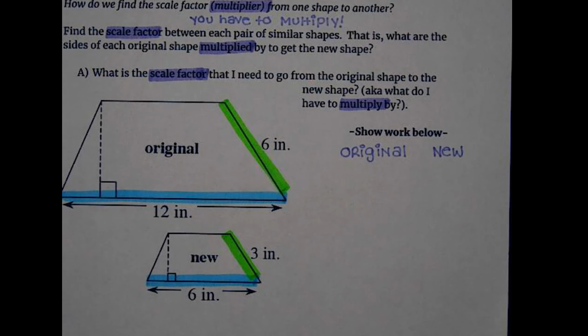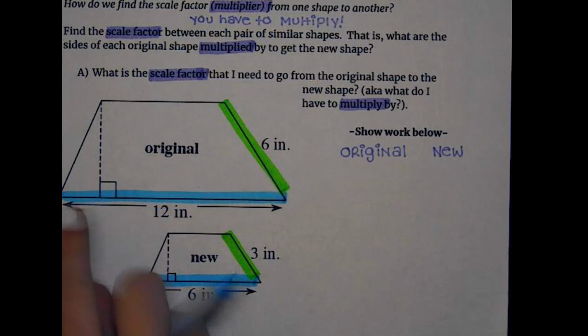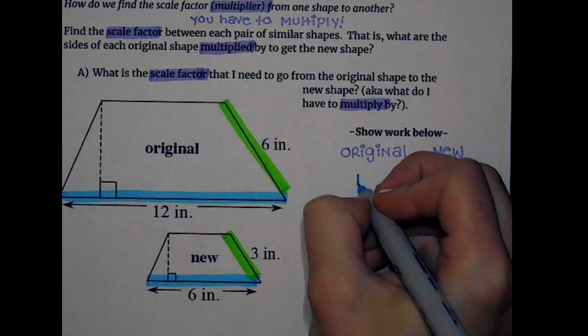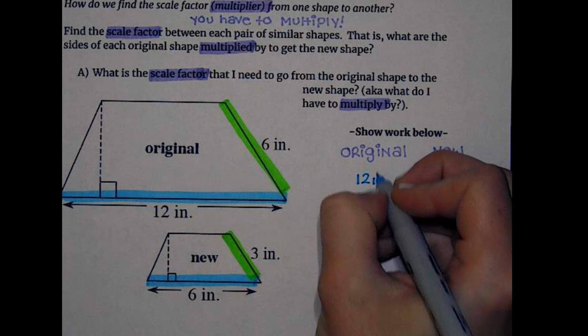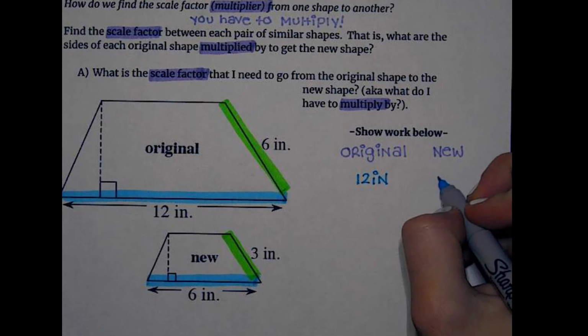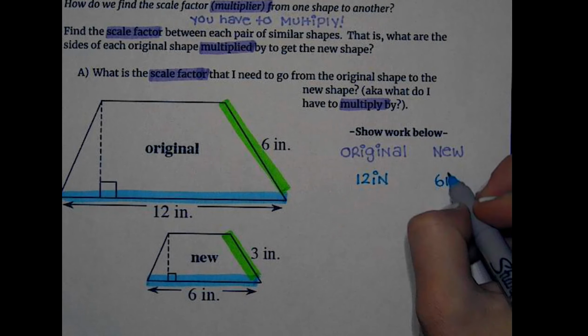Remember, we're trying to find a number that we can multiply by in order to get from one to the other. So we're going to start with this corresponding length in blue, and I'm going to write 12 inches. And for our new shape, you see here, it's 6 inches.